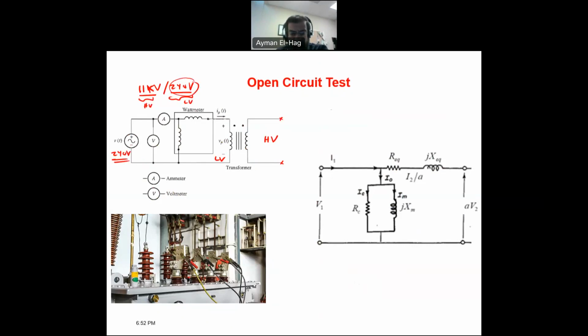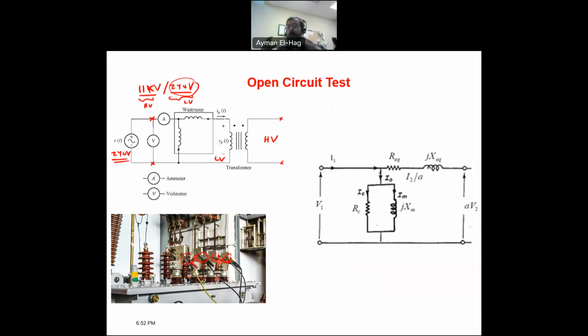Now, if you look down here at this photo of a transformer, this is the low voltage side. You see here that we are connecting the connection for the voltage, and the bushings for the high voltage side are not connected to anything, or they are open circuit. Now, what do we measure here? We measure three things. We measure the voltage that we are applying. We measure the current, which we call the no load current, and I will talk about the no load current in a separate video.